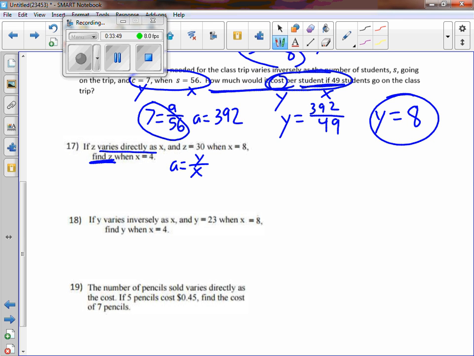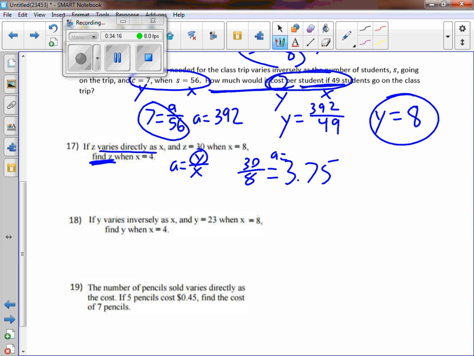So it's saying find z. Whatever it's telling you to find, that's your y variable. We're going to plug in everything else. So z is 30, x is 8, meaning a is 3.75. That is our a.